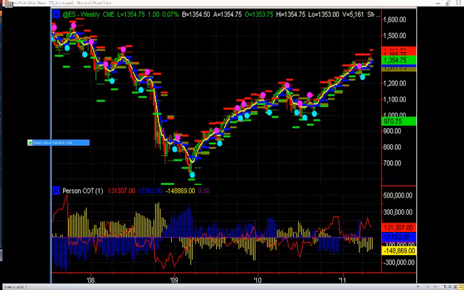Let me draw this correctly with a straight arrow. Straight arrow up. Note that this week, right here, they decided to go to the largest net long position because they felt the market couldn't go any lower.